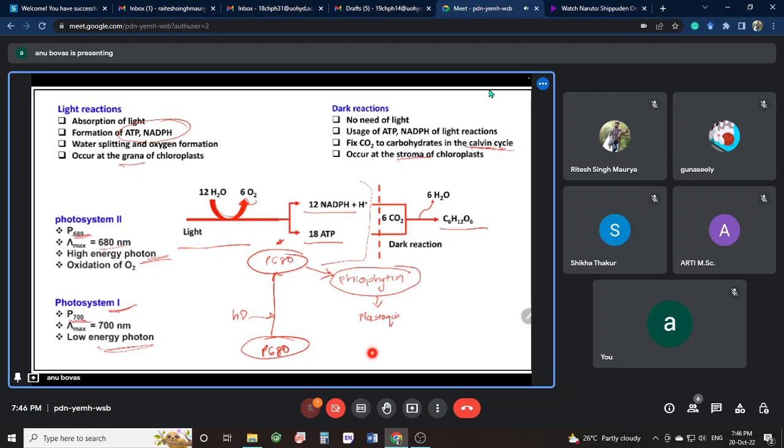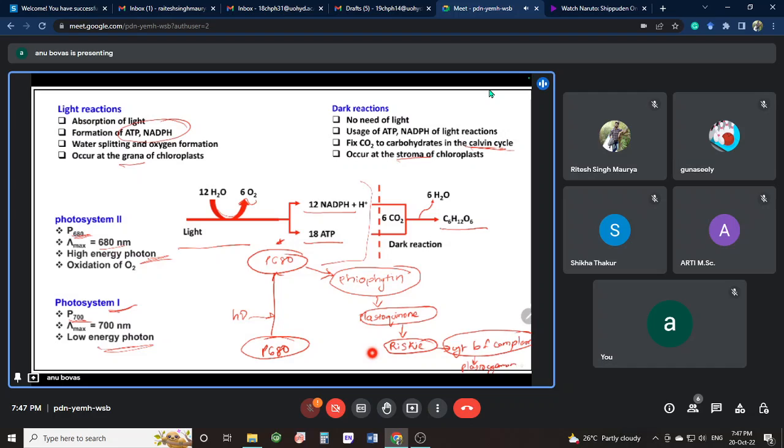Plastoquinone. These are quinones. If I have to explain each, it will take so much time. I will explain two or three things from here. This will give to the Rieske protein, and then to the cytochrome b6f complex. Then this will give to plastocyanin.